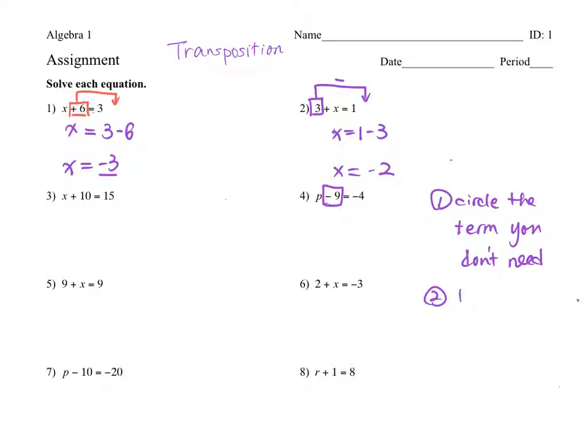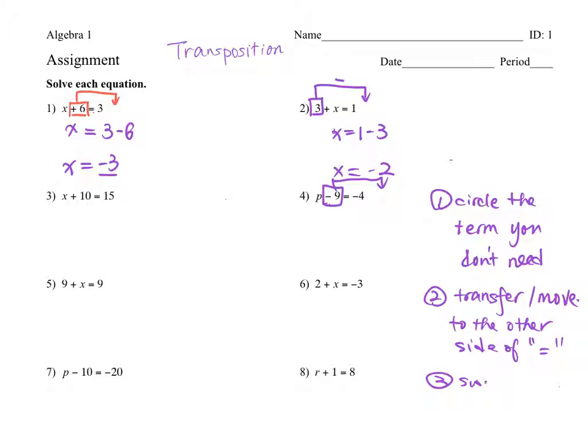And then second step is to transfer, or you can say move, to the other side of the equal sign. So I want to move this to this side, and the most important thing is to change the signs. Switch the sign.